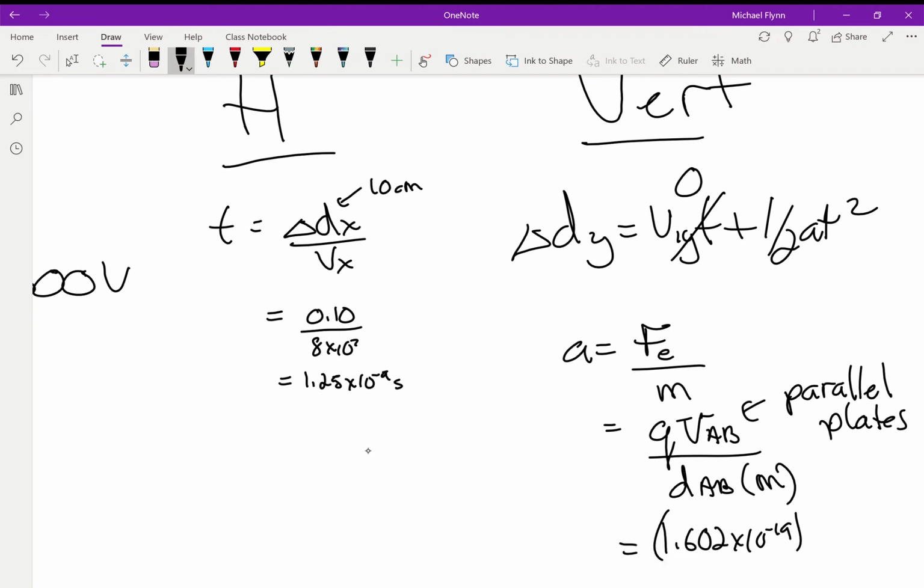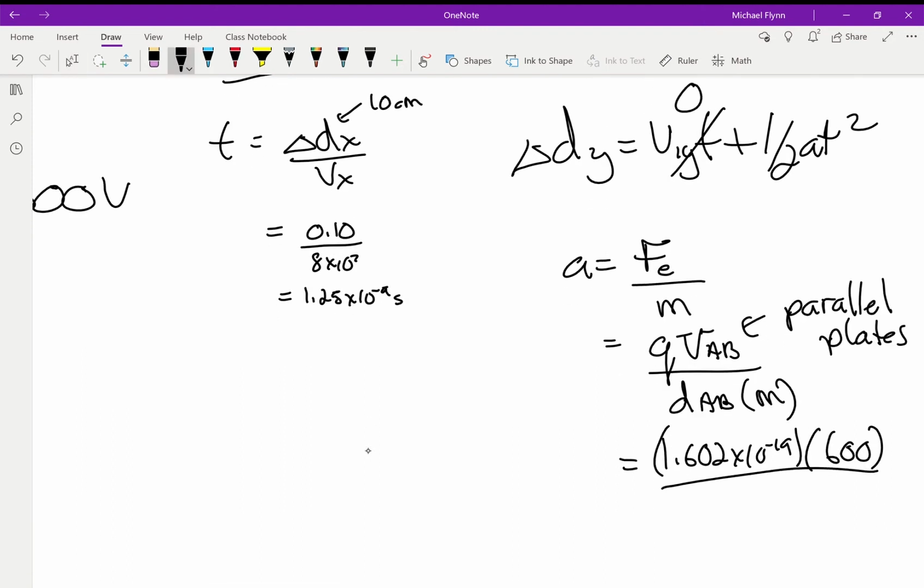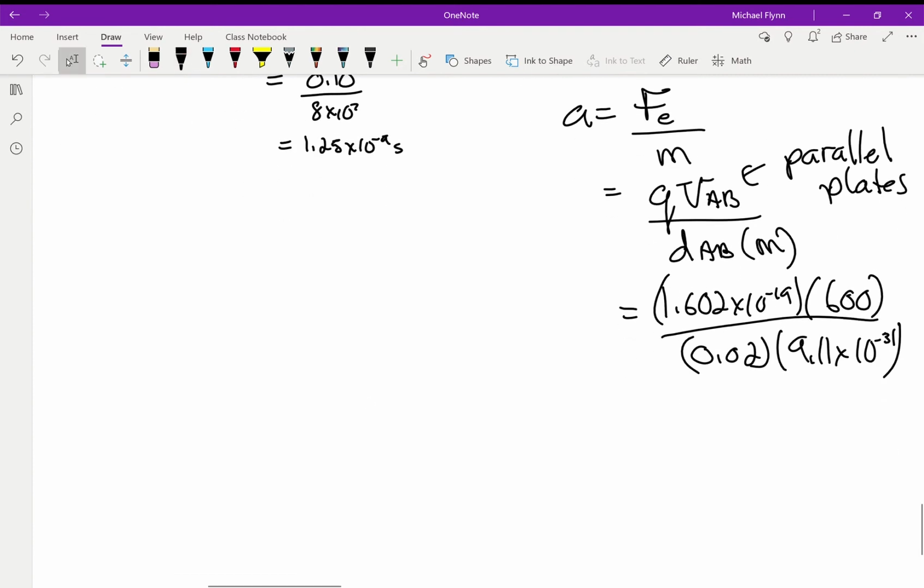That's our little electron going through there, right? Times 600 volts, divided by 0.02, that's the separation of the plates, times 9.11 times 10 to the negative 31 kilograms. That's the mass of an electron, okay? Now, when I do that, I get 5.28 times 10 to the 15 meters per second squared.